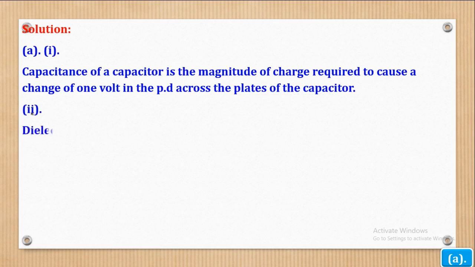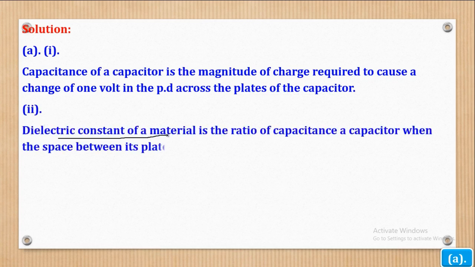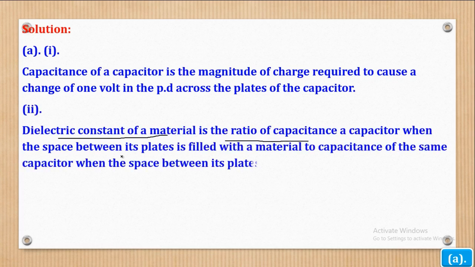Then Roman 2, we shall come and say that the dielectric constant of a material is the ratio of capacitance of a capacitor when the space between its plates is filled with a material to capacitance of the same capacitor, note this word same, when the space between its plates is a vacuum.